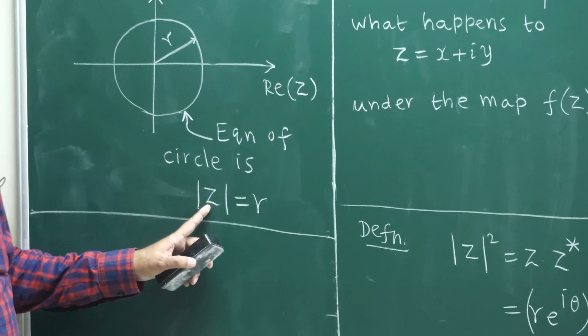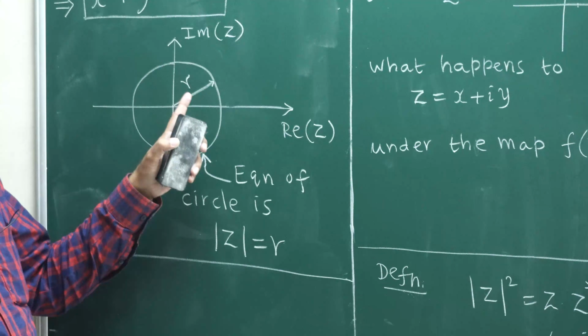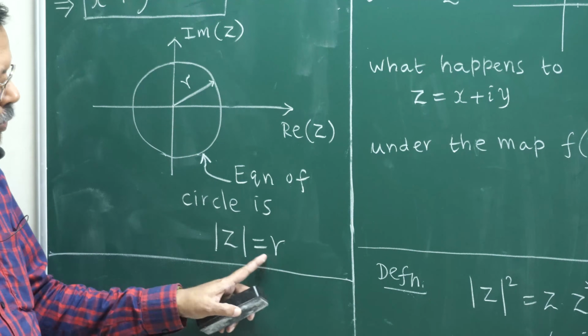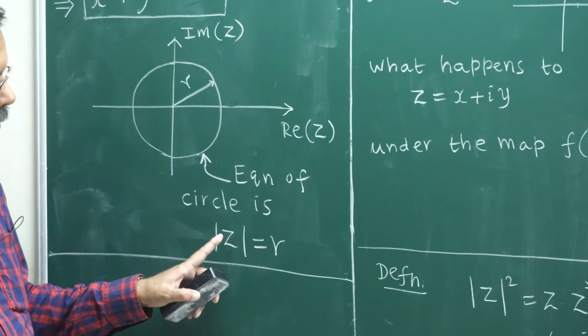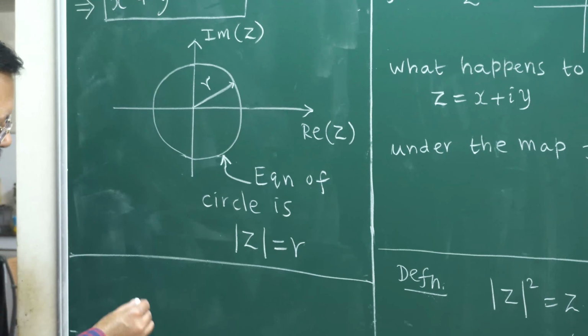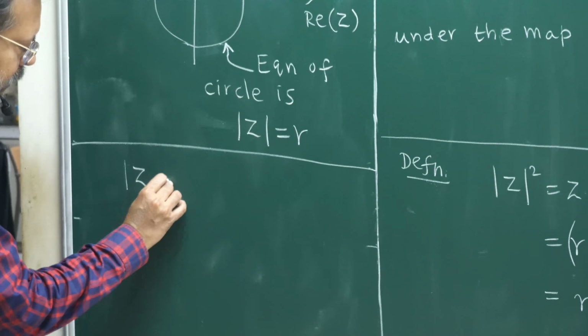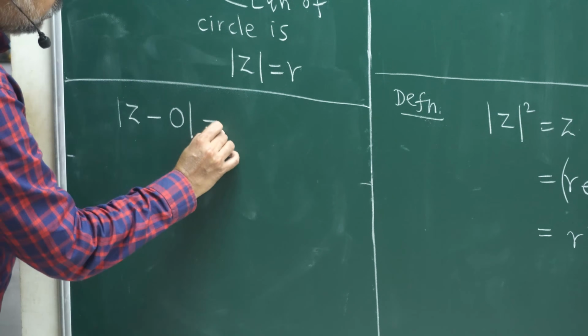So the moment you see mod z equal to r, this represents a circle of radius r whose center is 0. The center being 0 is not visible here. If you want to make it visible, you can always write the modulus of z minus 0 equal to r.